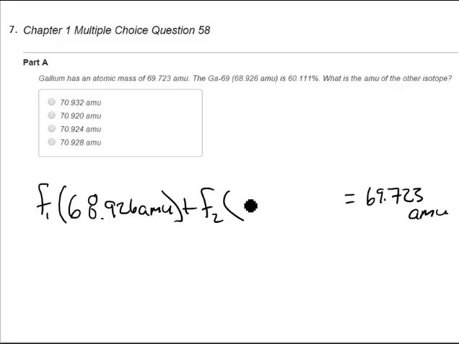So because this is bigger, I'm going to assume that's gallium-69. We don't know what that is, but we'll assume that that's what it is.